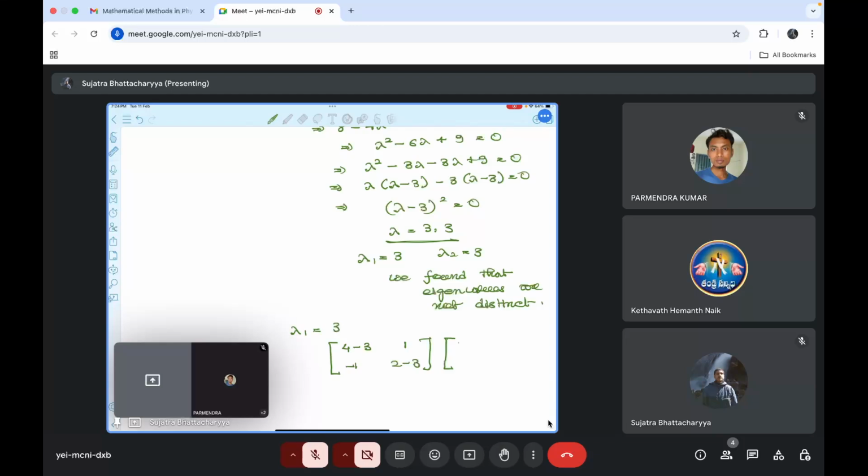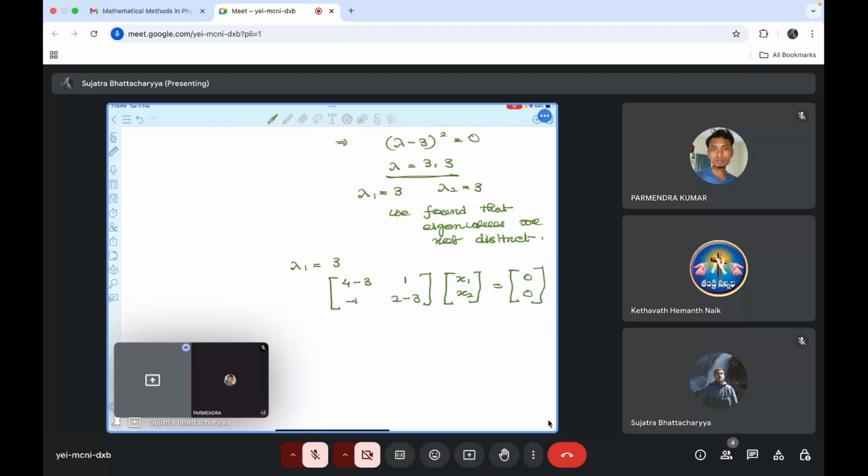Put some arbitrary x1, x2 as the elements of the x vector, equal to 0. Correct? This is how the equation looks like. So now 4 minus 3 is 1. This is 1, minus 1, 1. And this is your x vector, x1 and x2, and the elements as 0 and 0.